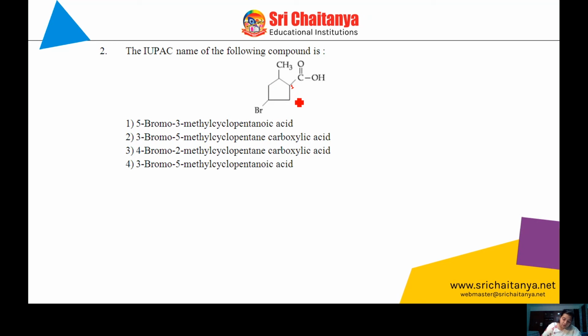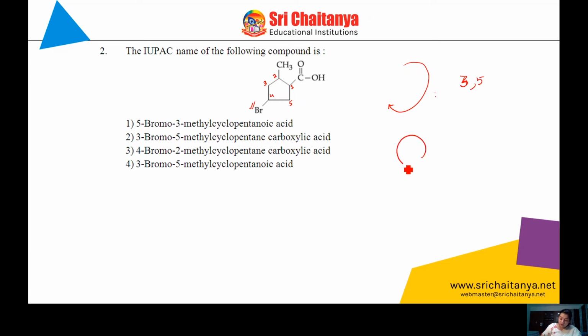Now we have two choices, this way or that way. Coming this side, 1, 2, 3, we get bromine in position number 3, or going this way, 3, 4 and then 5, bromine is getting position number 5. By the locant rule, if you move along this pathway, the clockwise one, the locant set is 3, 5.